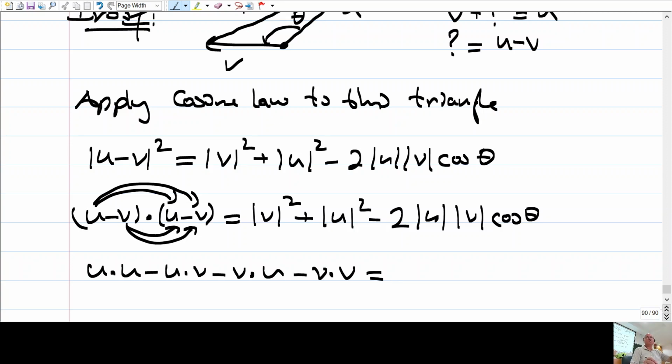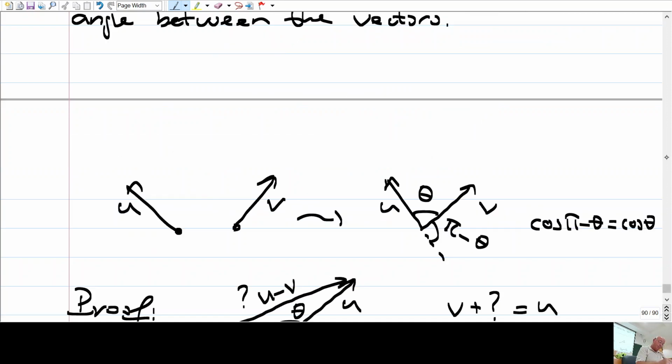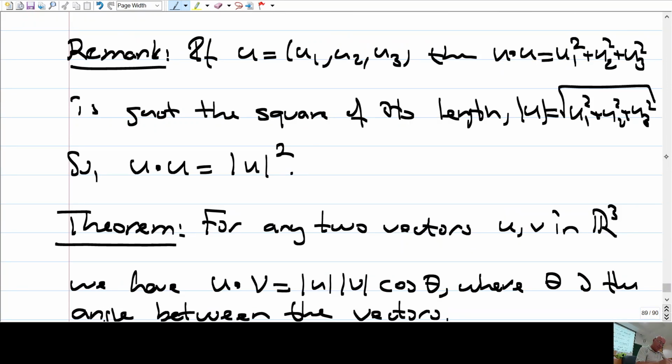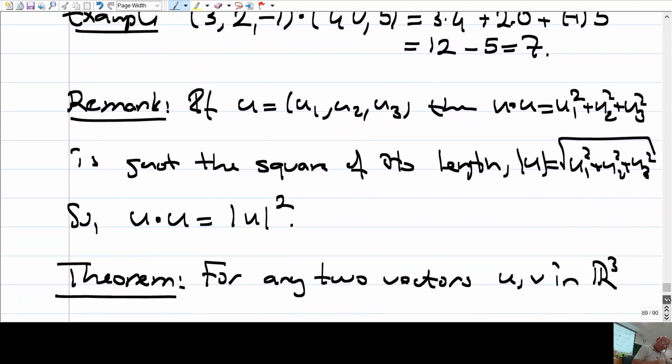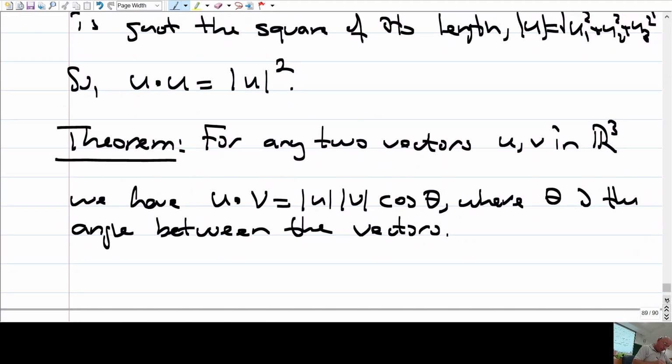Here, of course, u dot v and v dot u are the same, right? I didn't tell you, but from the definition, u dot v and v dot u are the same because the ui's and vi's can be interchanged. So they are the same. I am using that information over here.